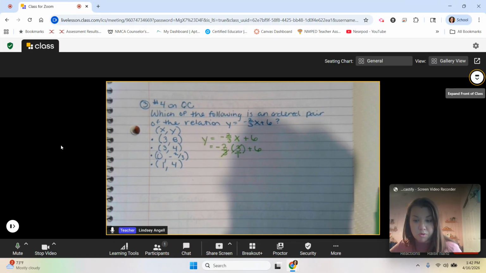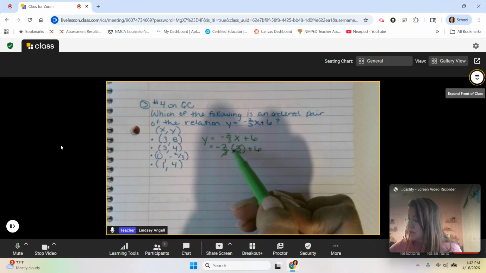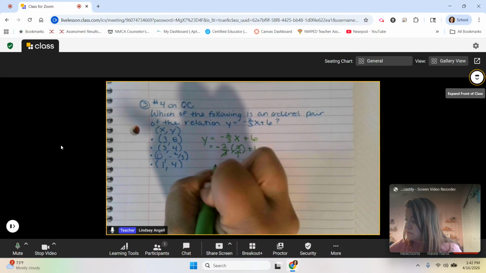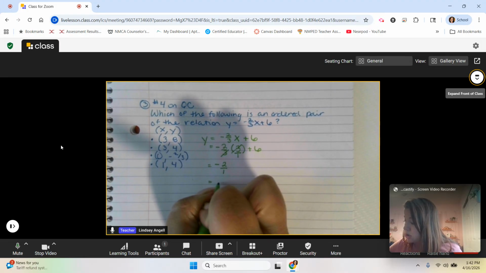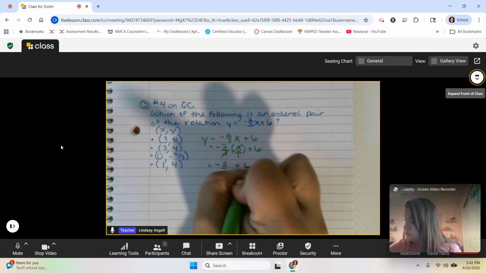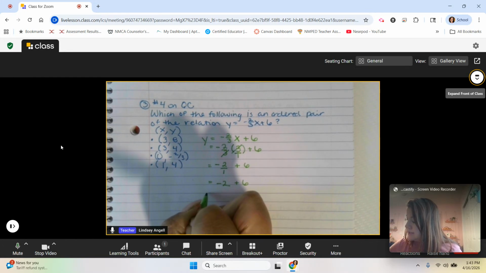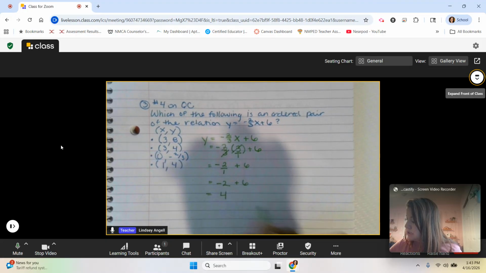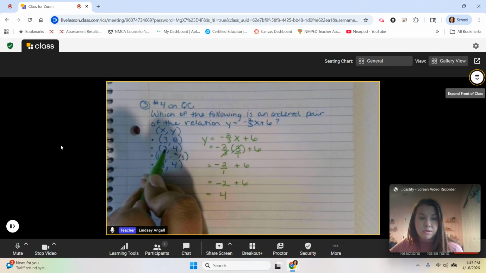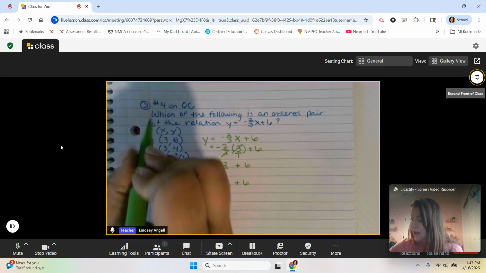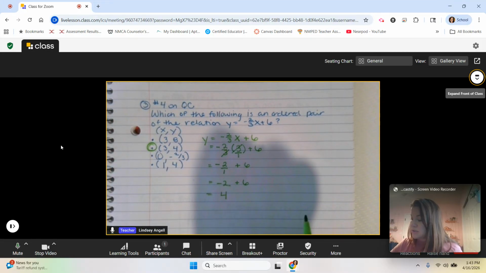I can cancel both of those out because 3 divided by 3 is 1. Then I'm left with negative 2 over 1, or just negative 2, plus 6. Negative 2 plus 6 is 4. Well, look at that. We plugged 3 in for x, we got 4 out. So that one works right there.